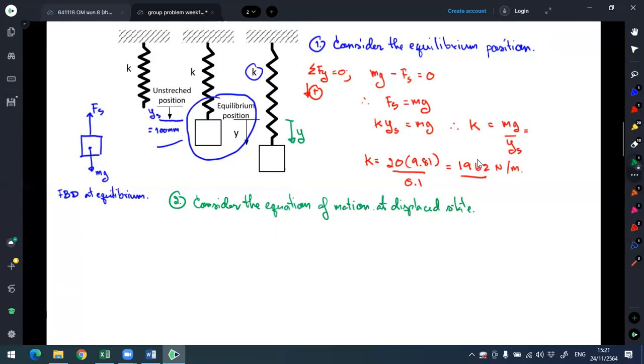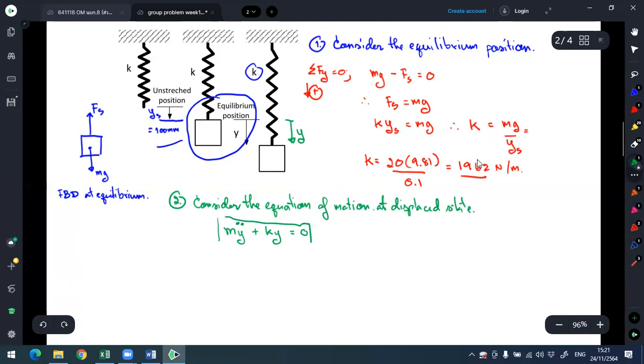We found that the equation of motion becomes m y double dot plus k y equal to 0 for this case. We can rearrange this equation to be y double dot plus k over m y equal to 0, and we define this term as the natural frequency.